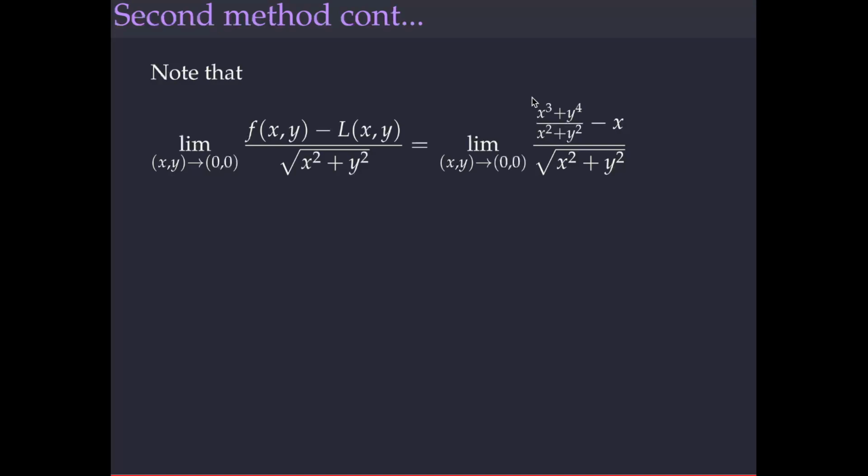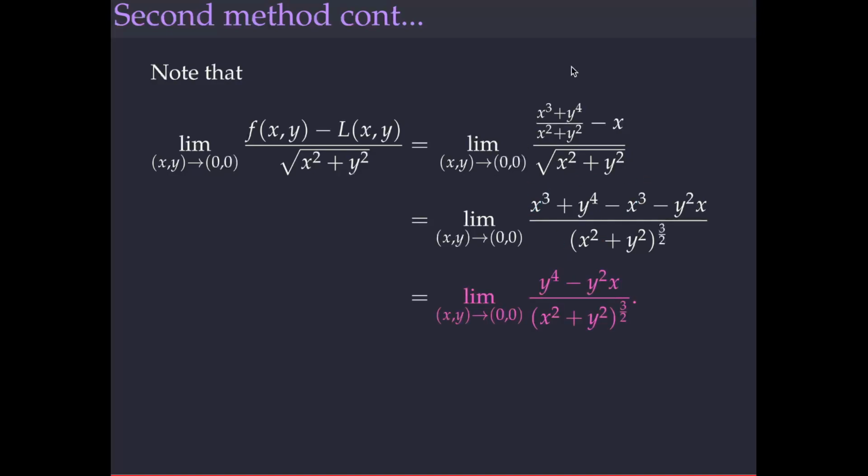Simplifying this gives x cube plus y4 minus x cube minus y square x, divided by (x square plus y square) to the power 3 by 2. Now this x cube and x cube will be cancelled out, and this is y4 minus y square x divided by (x square plus y square) to the 3 by 2.